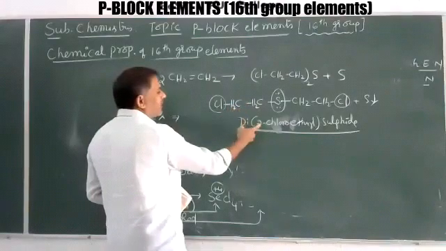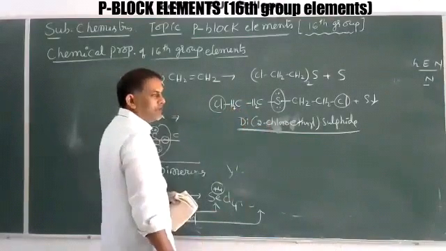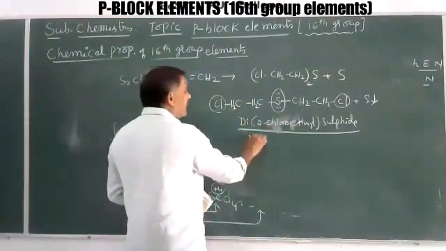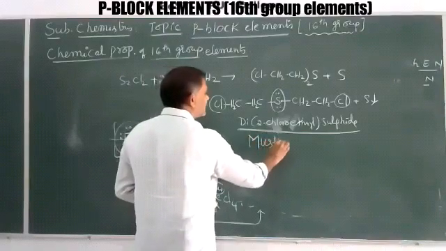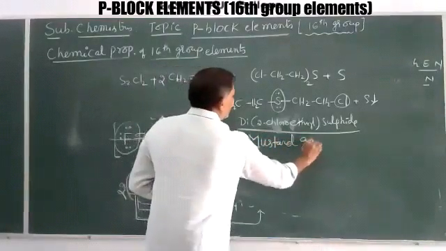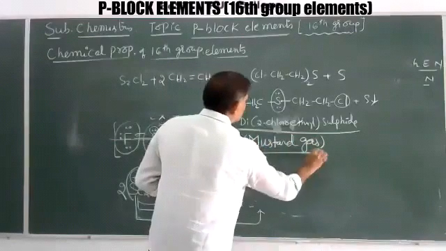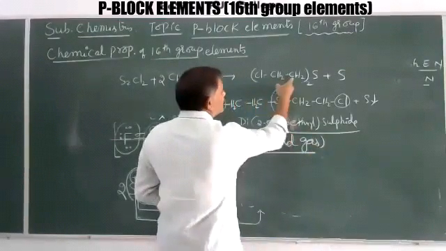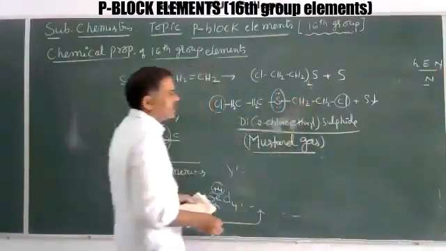Di means 2 are there, dichloroethyl sulfide. It is mustard gas. Very, very important formula this is: Cl-CH2-CH2 taken twice and S.